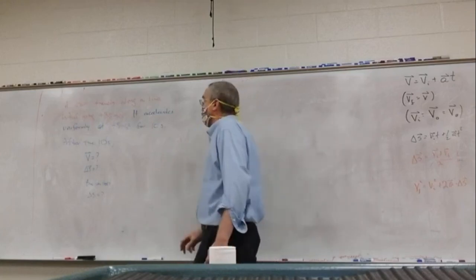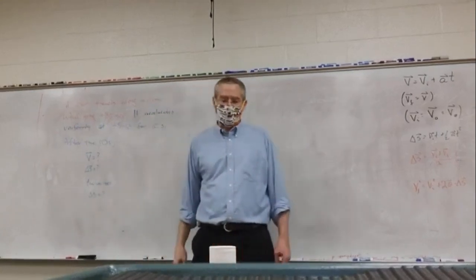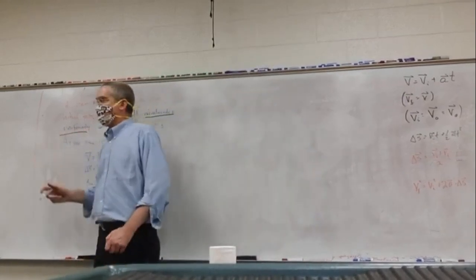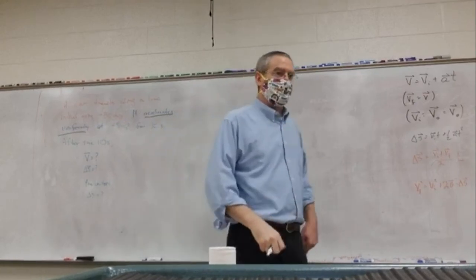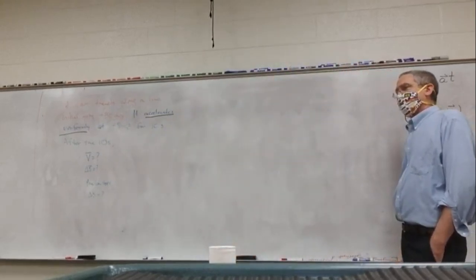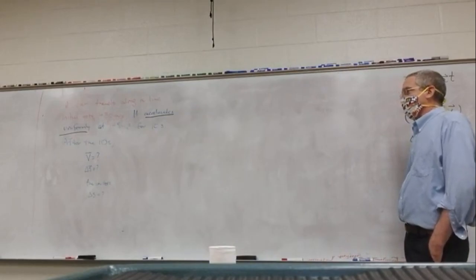Couple of key things here. The big clue that we're using kinematic formulas is the word accelerates uniformly. That's the code. Could also have said had constant acceleration, but that's just too boring. Uniform acceleration, same as constant.